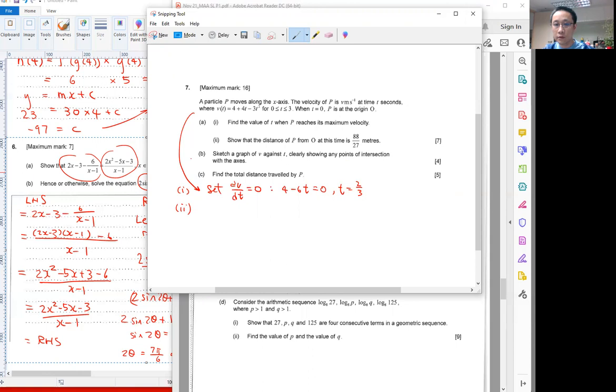I'm hesitating because I'm not sure whether this particular quadratic has positive and negative sections, but from the first 3 seconds, if I try to factorize this first, I'm pretty sure this is factorizable. 3t squared minus 4t minus 4 equal to 0. 3t minus 2, t plus 2 equal to 0.